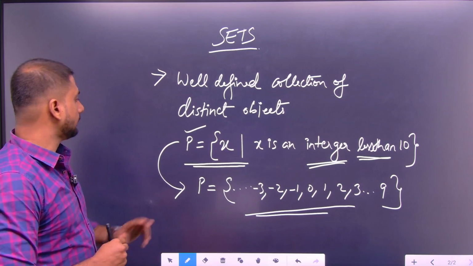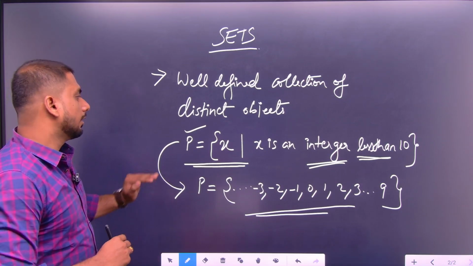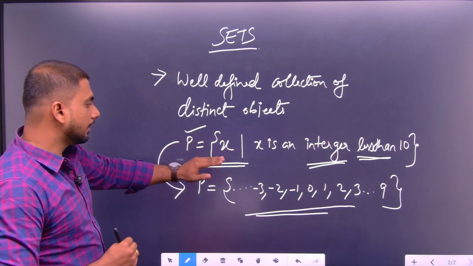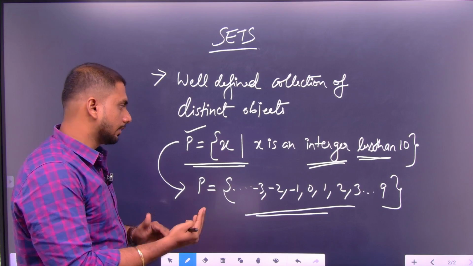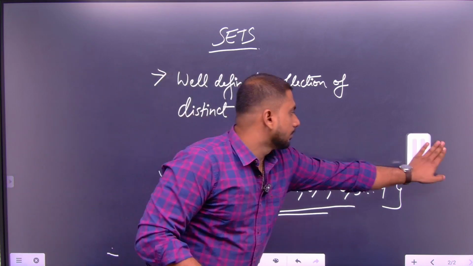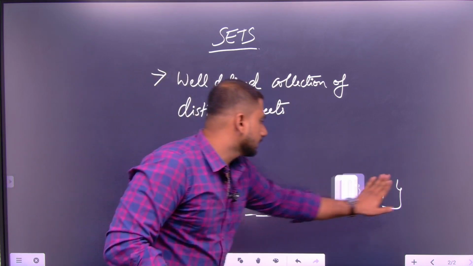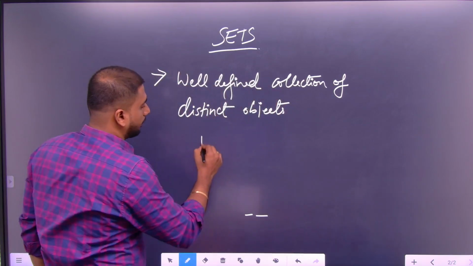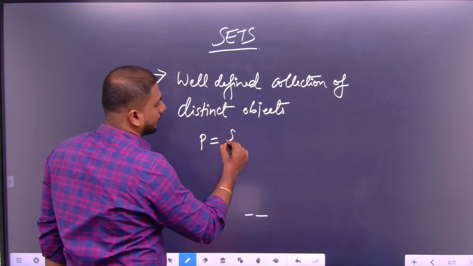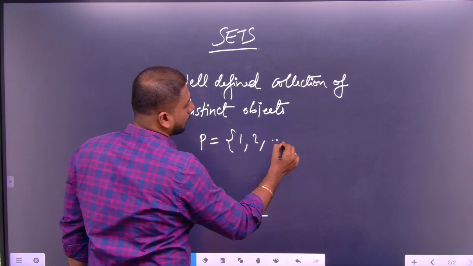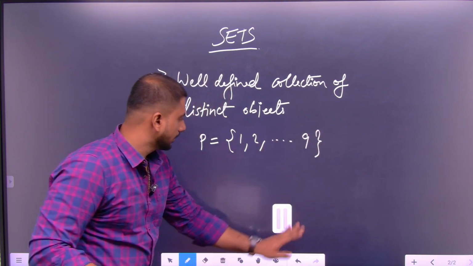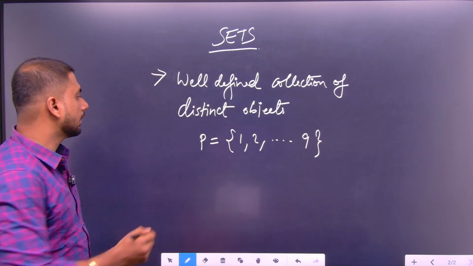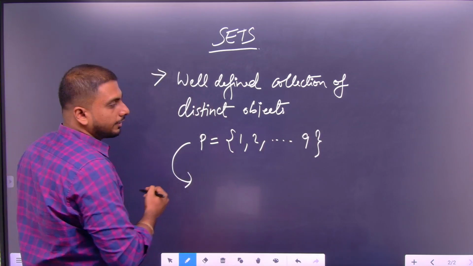Now if it can be converted from a builder form towards roster form, the same can be done vice versa as well. For example, if I have a set P to be written starting from 1 going up to 9, how can I convert it into a builder form?